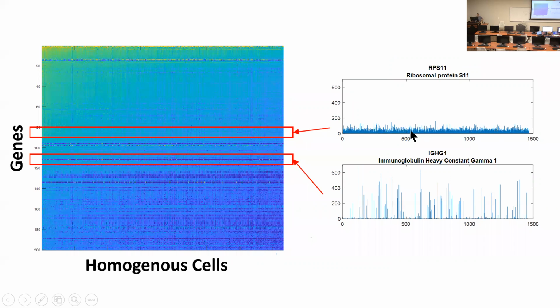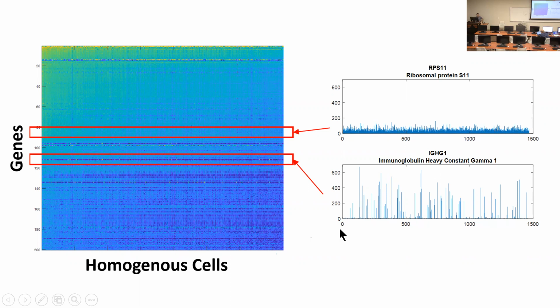You can see 100% of the cells express ribosomal protein subunit 11, but the level is about 100 on average. Well, in IgHG1, a lot of cells have no expression.